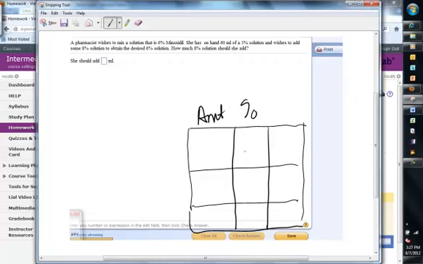So this is 0.06, the total. A pharmacist wishes to make a solution that is 6%. She has some 3% on hand and wishes to add some 8% to get the 6% solution. How much 8% solution should she add?